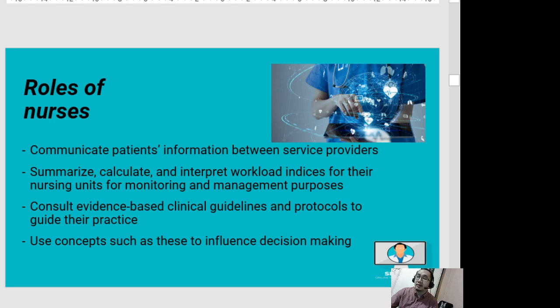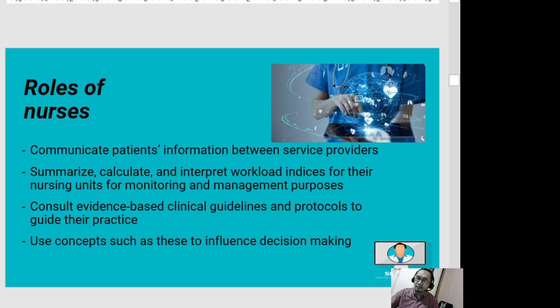Nurses also summarize, calculate, and interpret workload indices for their nursing units for monitoring and management purposes. Nurses consult evidence-based clinical guidelines and protocols to guide practice. And lastly, nurses use concepts such as these to influence decision making.